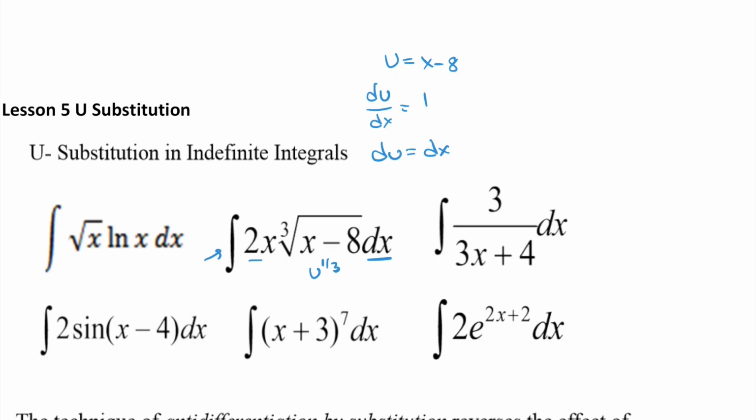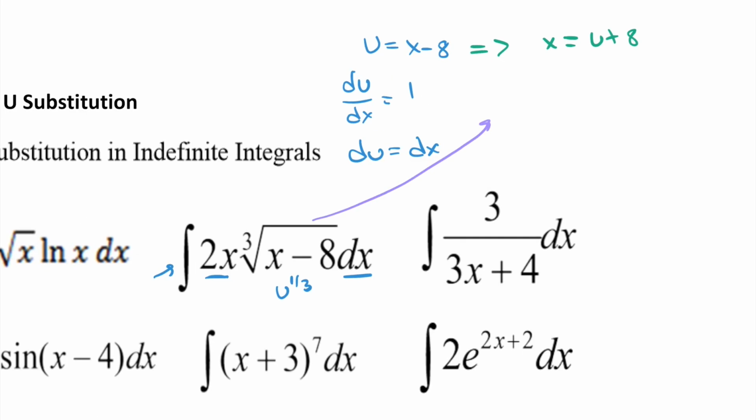The problem here is I have 2x, so I still want that to be in terms of u. What I need to do is say that x is equal to u plus 8. If I move 8 to the other side, I can solve for and isolate my x. So this whole thing changes into the integral of 2 times u plus 8 times u to the 1/3 du.